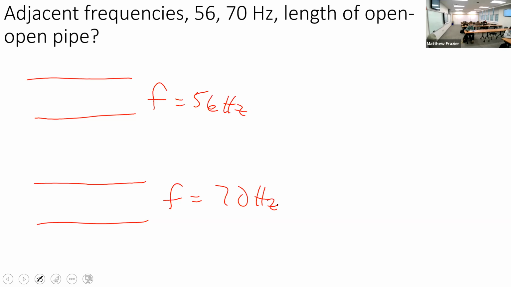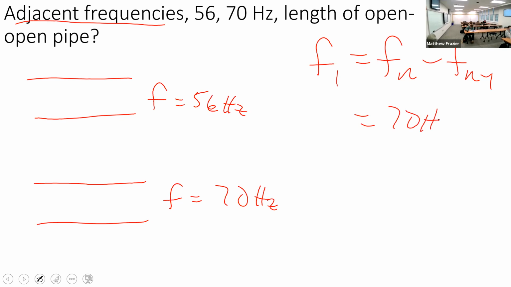When it's adjacent frequencies, the fundamental is Fn minus Fn minus 1, which is 70 hertz minus 56 hertz, which is 14 hertz.